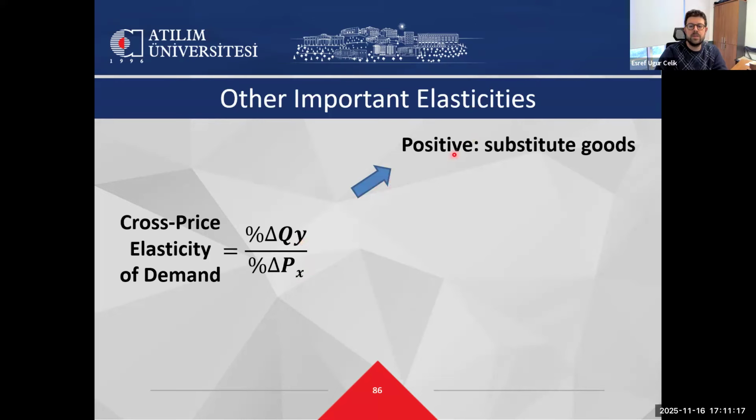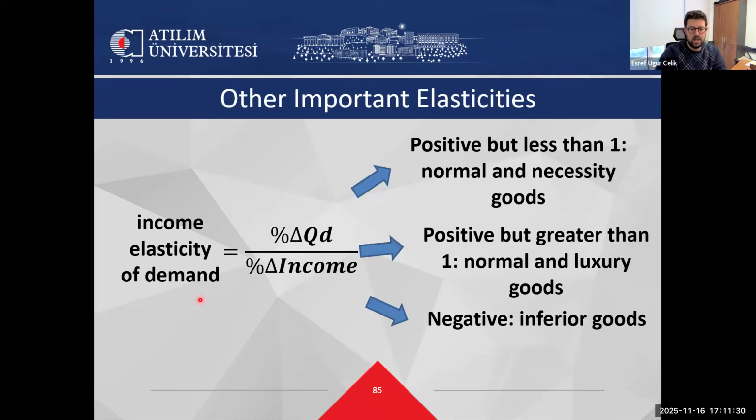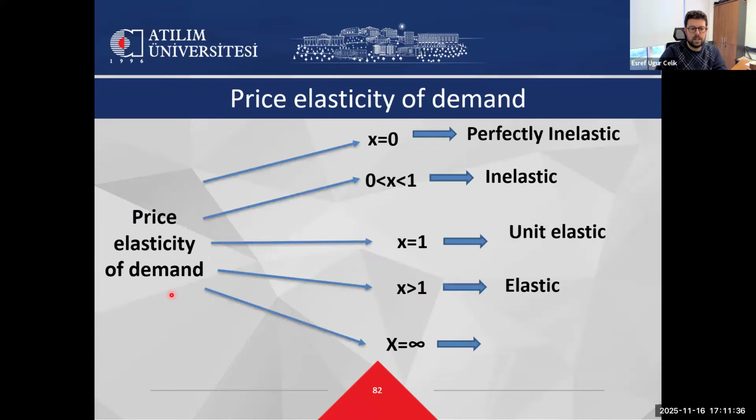If the answer is positive, substitute; 0, unrelated; and negative, complementary. Okay, I gave the cross price elasticity of demand, income elasticity of demand, and price elasticity of demand. Okay, 3 types of elasticity.